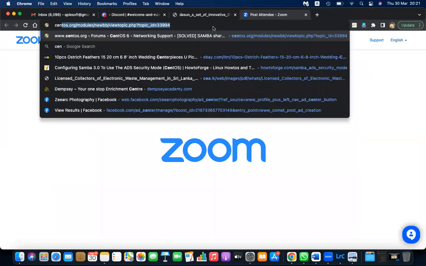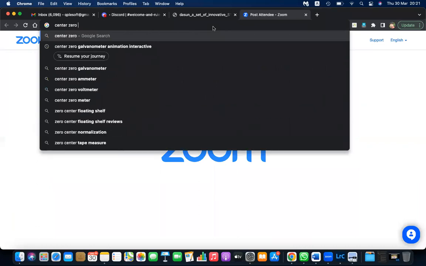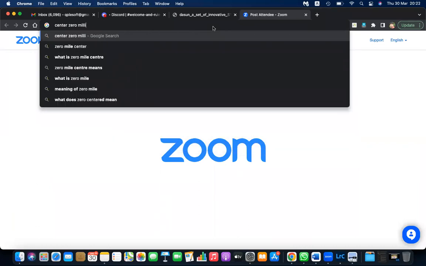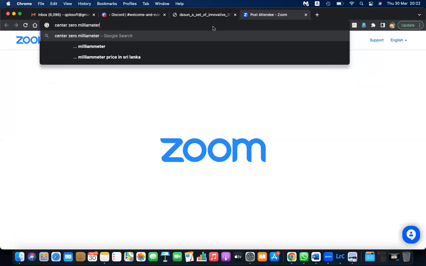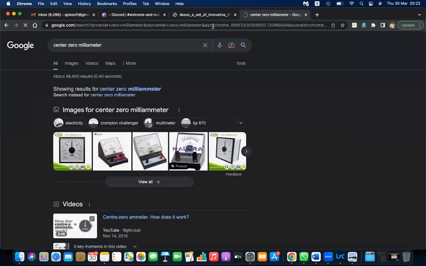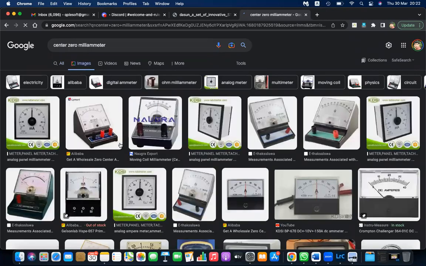You can use a center zero milliammeter, right? But an ammeter is too powerful.